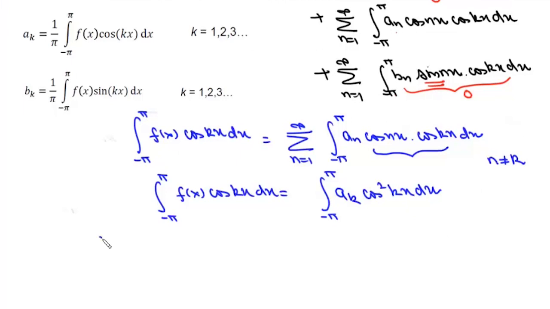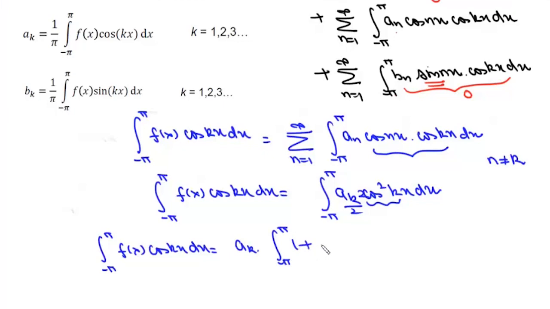Now we can write this with ak, and then we'll multiply it with 2 and divide by 2, and we know that 2 cos square x is 1 plus cos 2x. So we'll write this as the integral from minus pi to plus pi of (1 plus cos 2kx) by 2 dx.